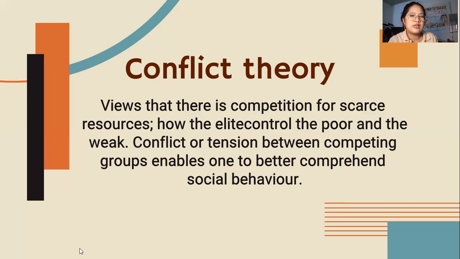It is mentioned here that there would always be conflict, contrasting views, and competition, not only for scarce resources but for other things. And from there, you get to know the kind of behavior that people have.